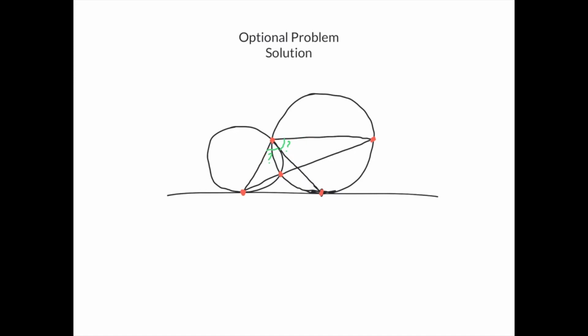First step of the solution is to connect these 2 points. Then we need to notice that this angle here splits into 2 parts. One is this part, using this red point here, and the other part is this one. So the left part of the angle, because of the alternate segments theorem, it points towards this arc, so it must equal this angle here.